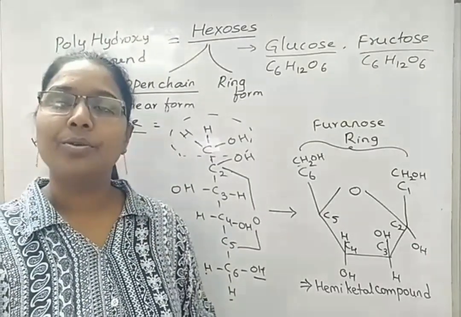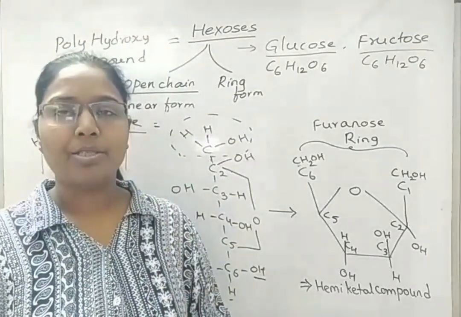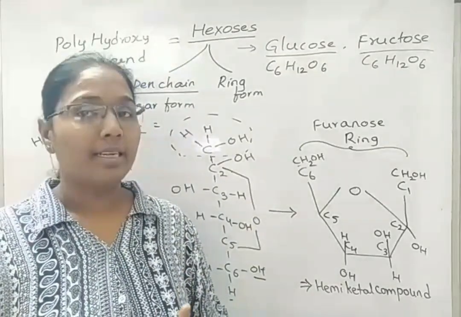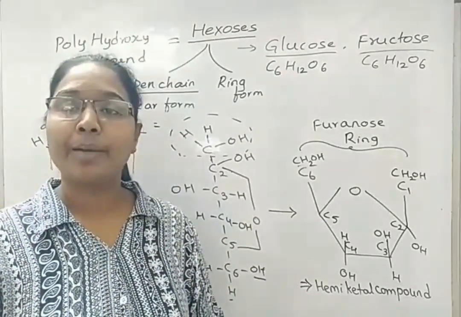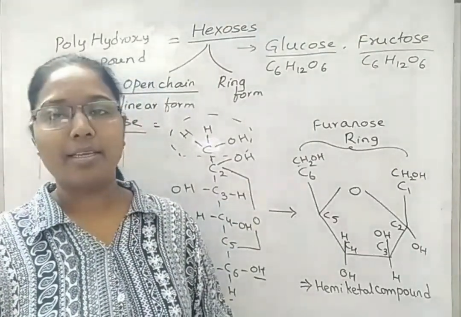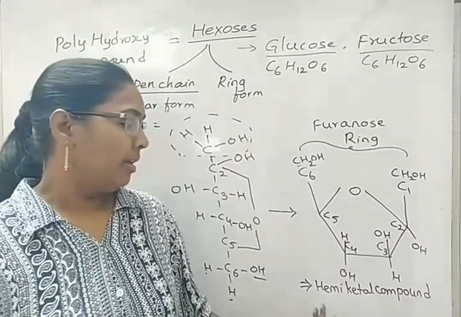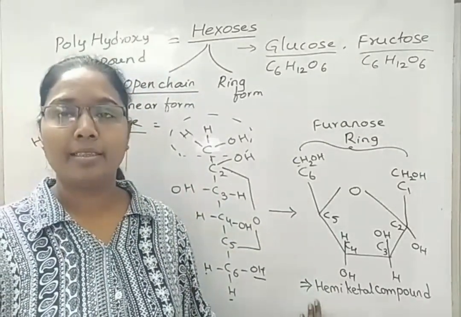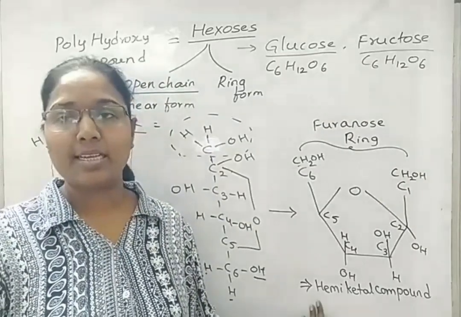In case of glucose, carbon 1 position is occupied by an aldehyde group. But the linkage during formation of the pyranose ring is between carbon 1 and carbon 5. There, since the aldehyde group exists, we give a term like hemiacetal compound.